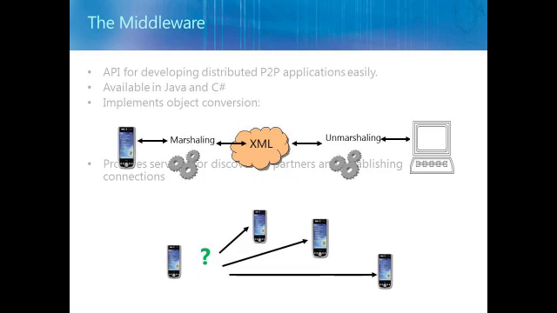This was an API for developing peer-to-peer applications easily, available in Java and C#. Why? Because we had a lot of very good applications already developed in Java, and we wanted this mobile world, which worked better in C#, to connect to these other applications.